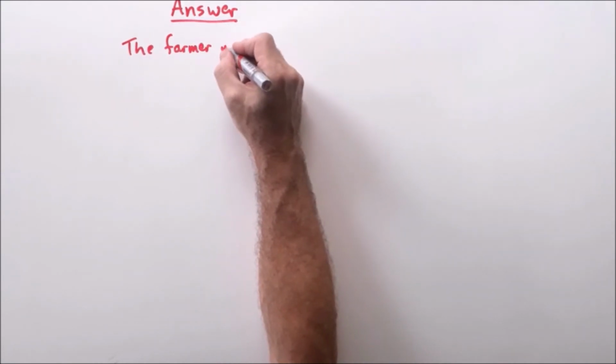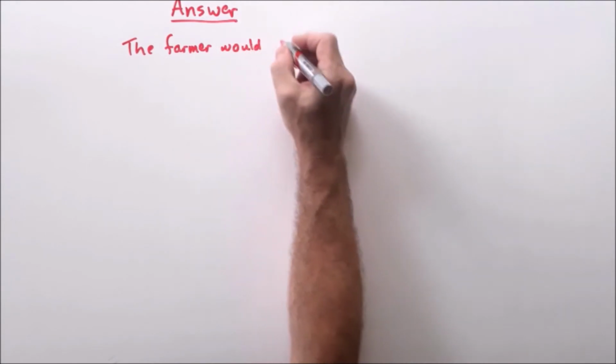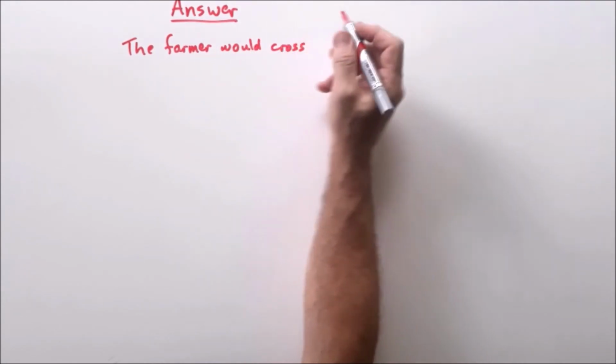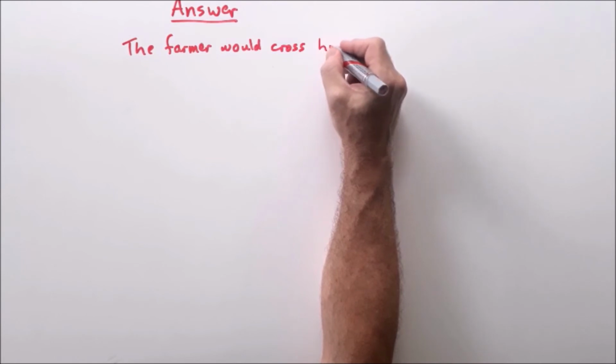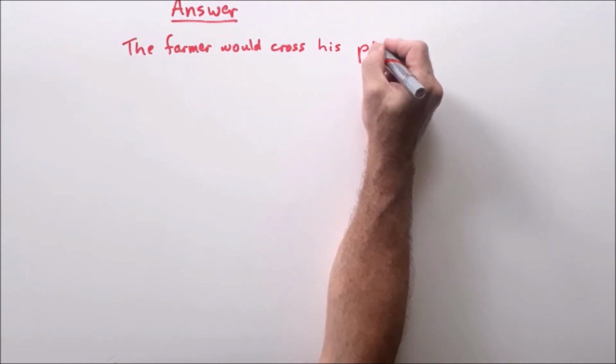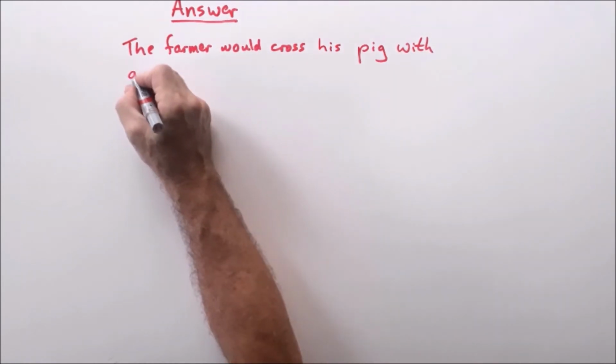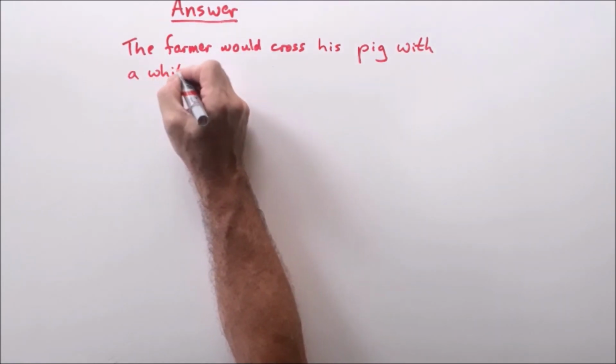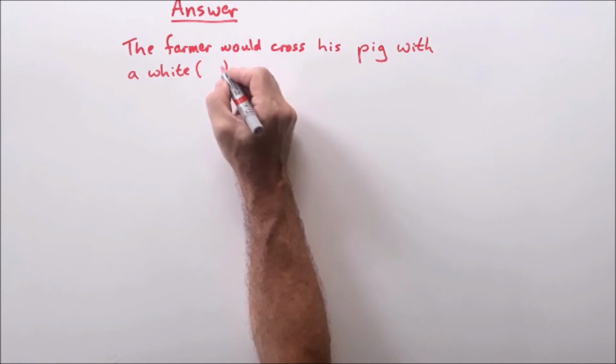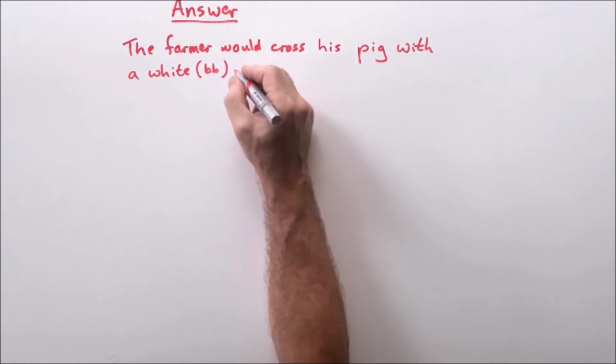The farmer would, my dog again, would cross his pig with a white, and I'm going to put in brackets here, sow.